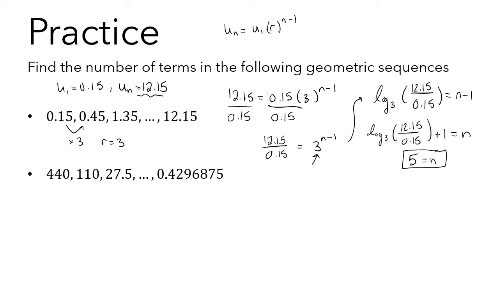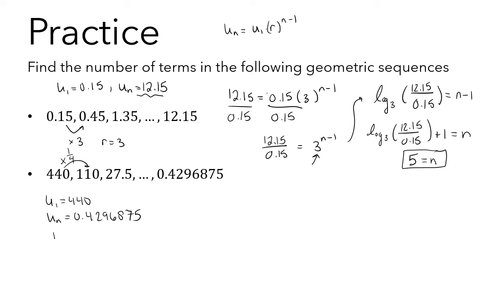Let's try one more. My first term here is going to be 440. My last term is going to be a huge decimal, 0.4296875. Let's find the ratio. From 440 to 110 is times 1/4.